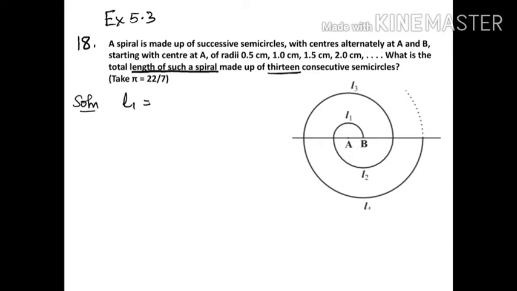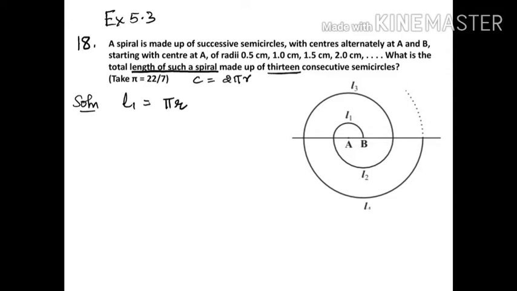L1 is the length of the first semicircle. The formula for the length of a circle, which is the circumference, is 2 pi r. So if we want to find the length of a semicircle, we take half of the circumference. So the formula will be pi r.